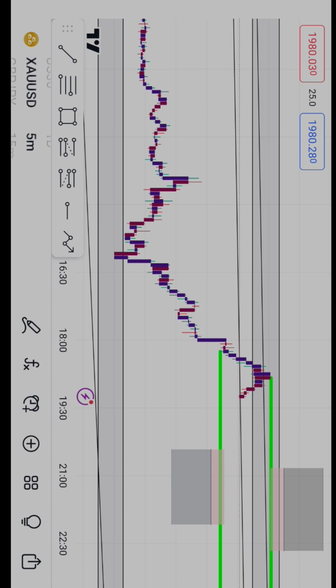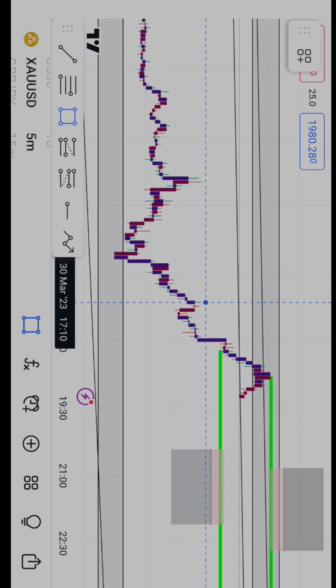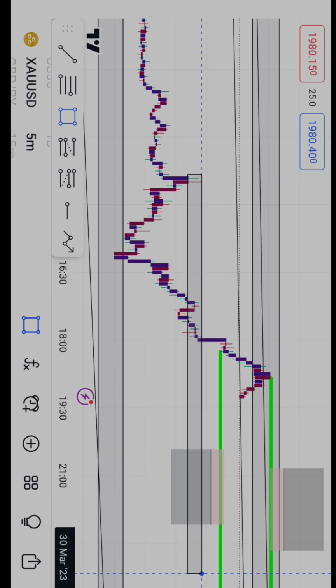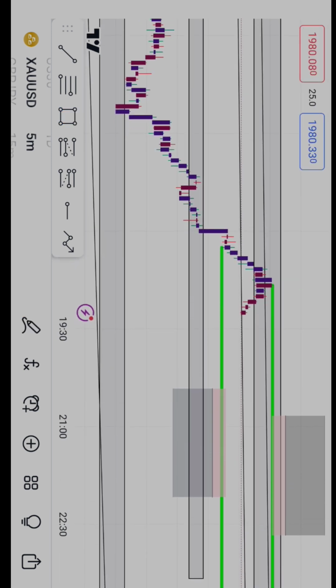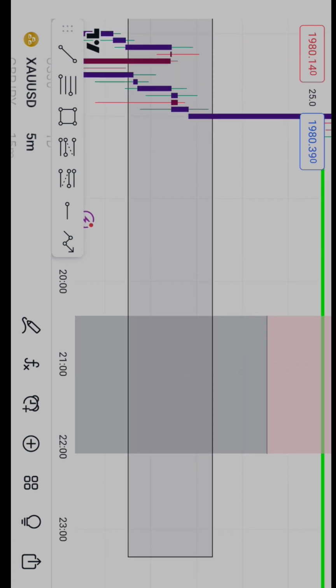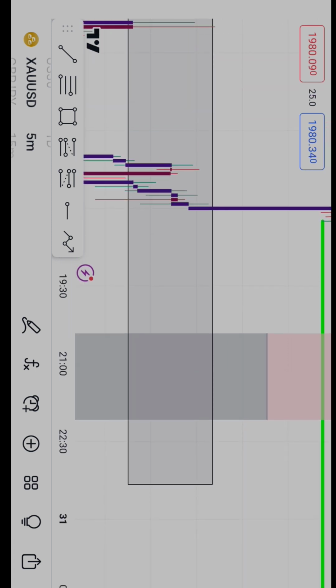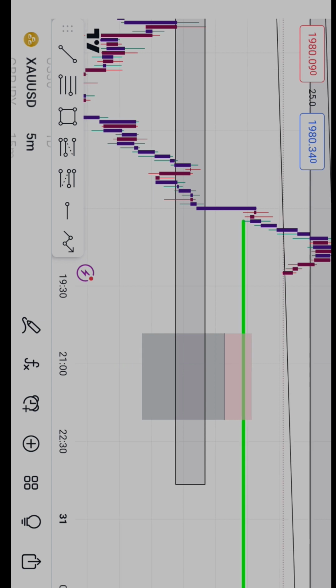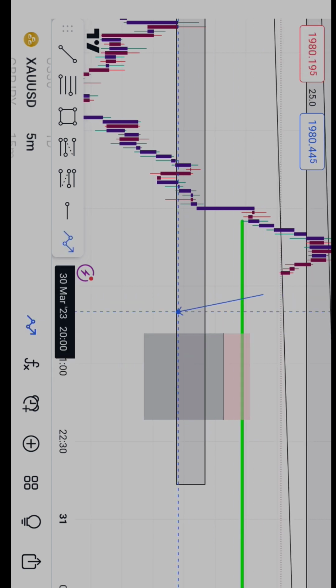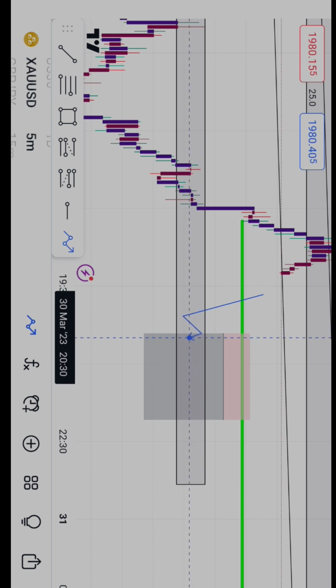And guys, besides, we also have this level here. I didn't mark up that level. So if price were to break this level here, I would wait for price to come back around this level.